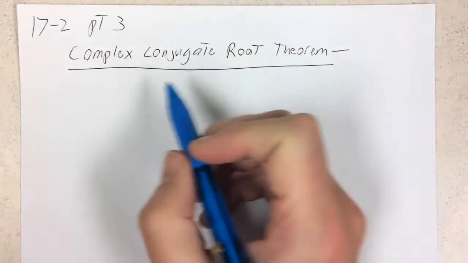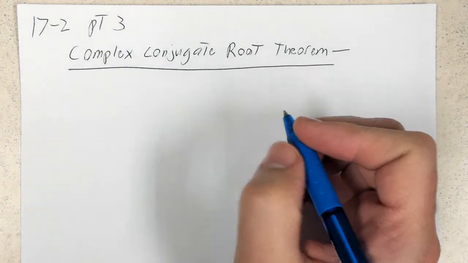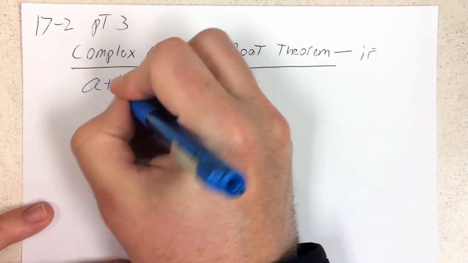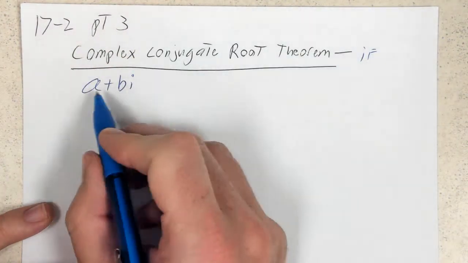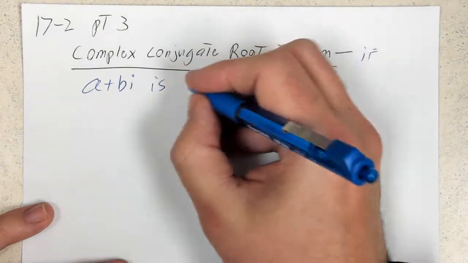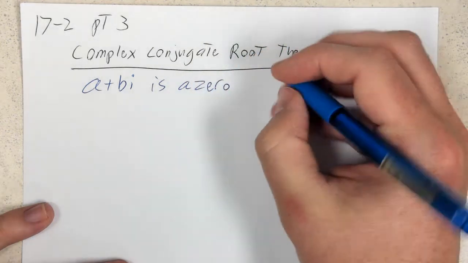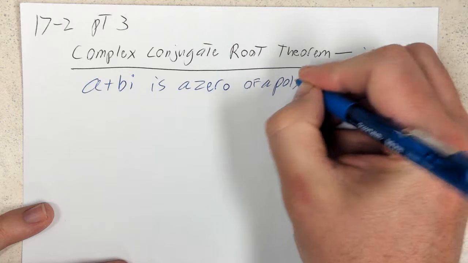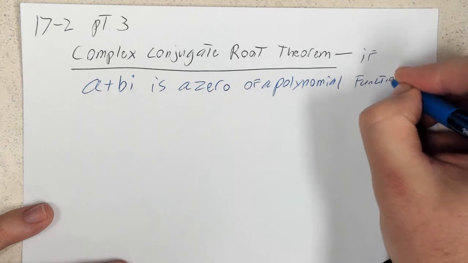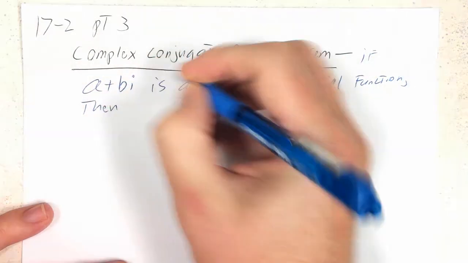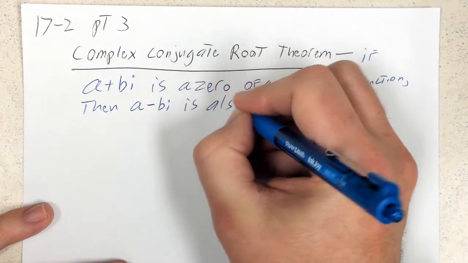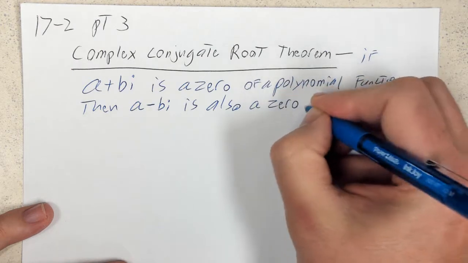Alright, last piece, the complex conjugate root theorem. The complex conjugate root theorem says if a plus bi, a complex number, an imaginary with a regular number added on there, is a zero of a polynomial function, then a minus bi is also a zero.